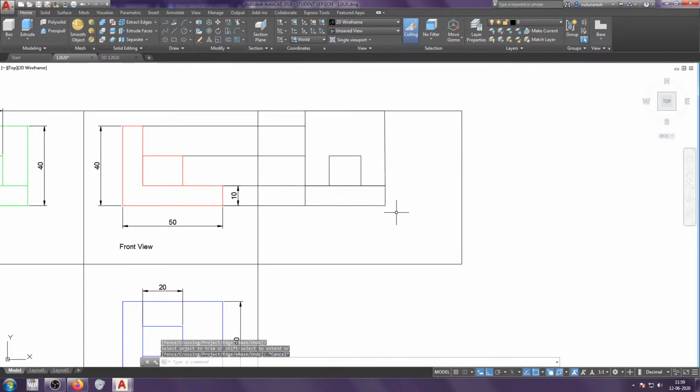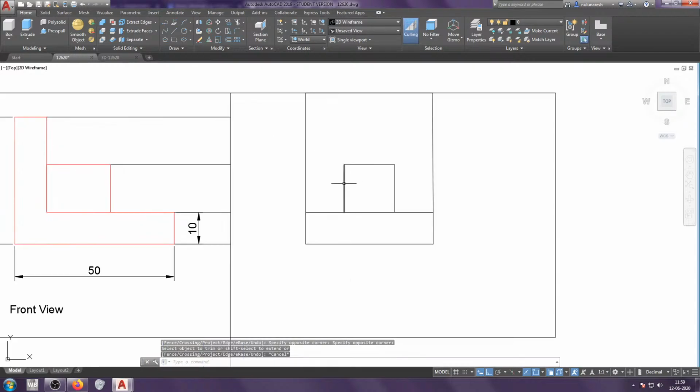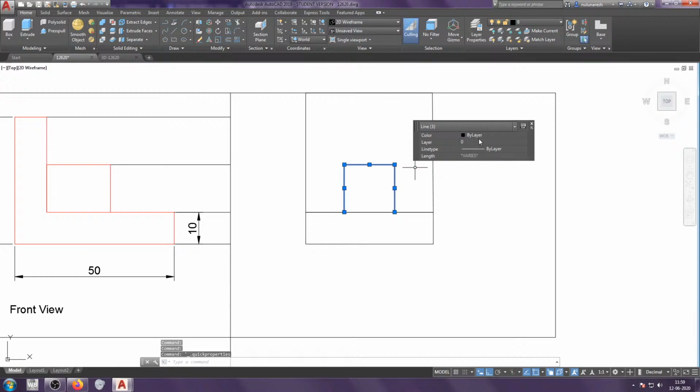So that is how it will look from the left side view. But whereas there all should be hidden edges. Okay. This one, this one, this one. They should be indicated with dotted lines.